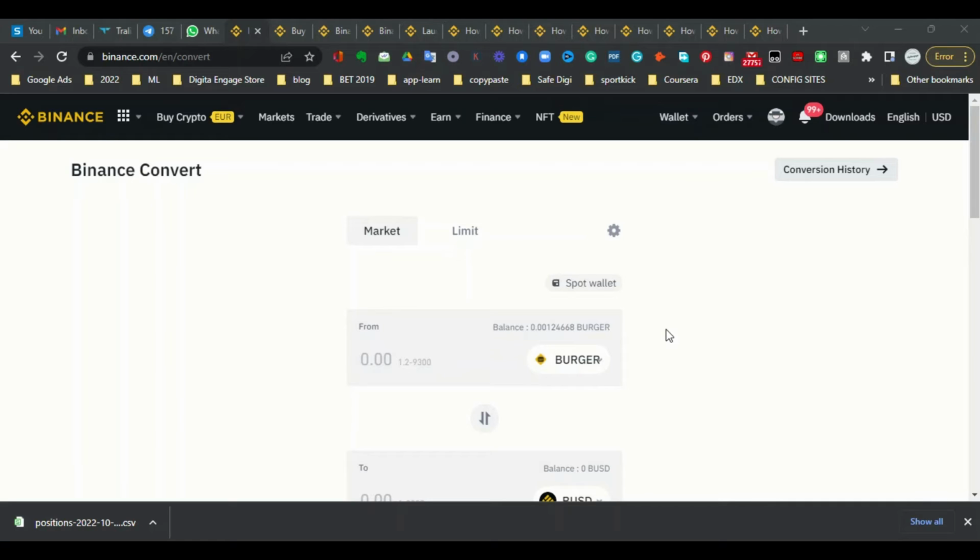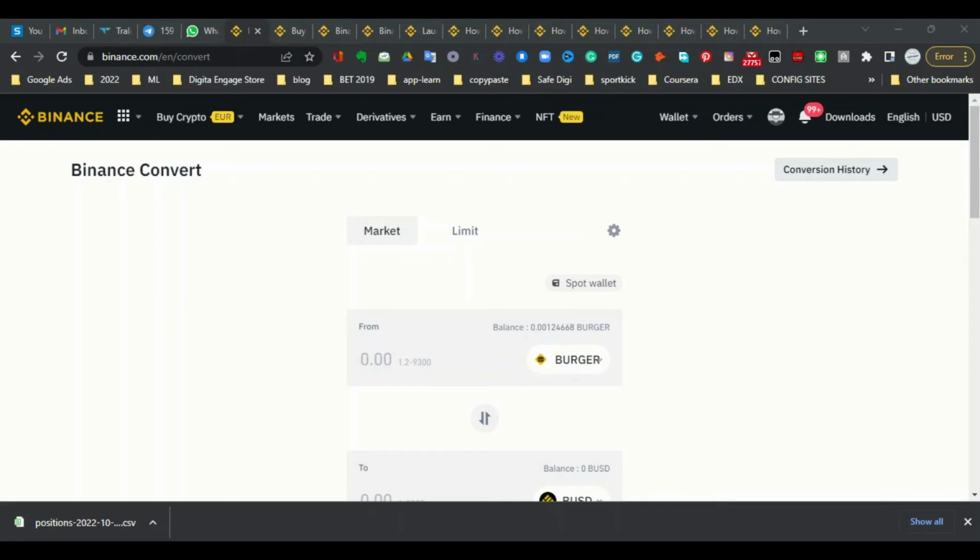After the conversion is enacted, the new holding will appear in the user's spot wallet. If you convert from one crypto to another, after the conversion, the new equivalent crypto will appear in your spot wallet.